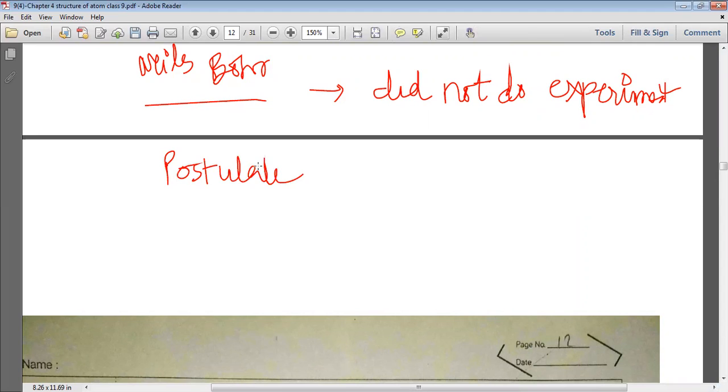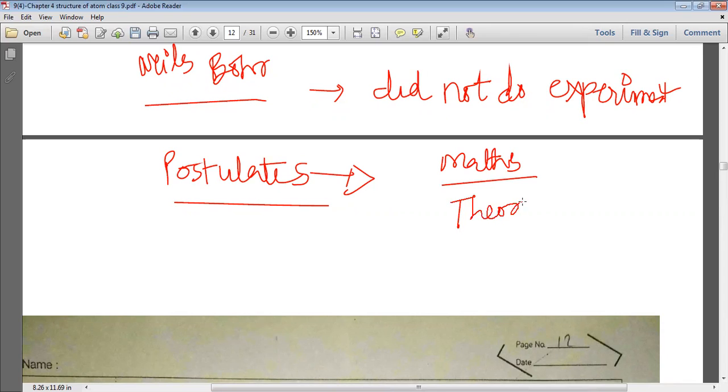Now, do you know what postulates are? Can any of you answer me? What is the meaning of postulates? Please reply, my dear students. Okay, I think you don't prefer to reply. Let me explain. See, in mathematics, we have theorems, and then we prove them.